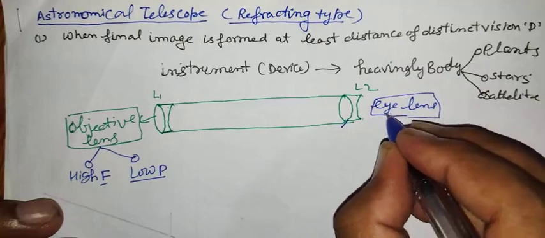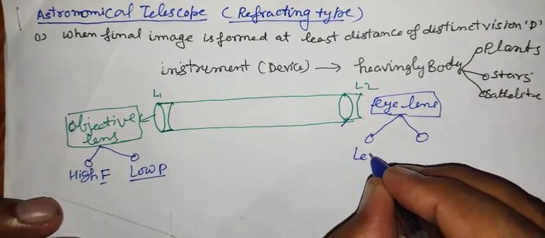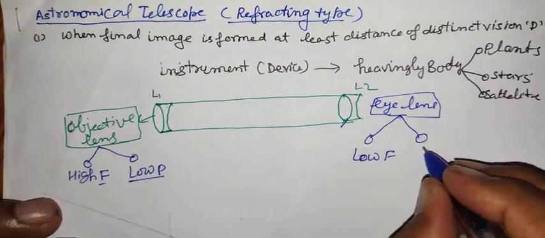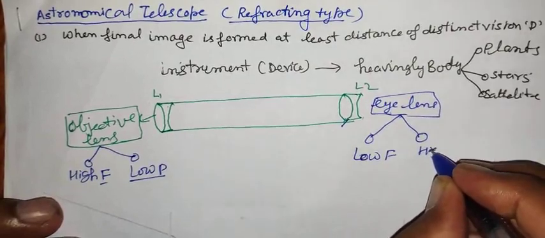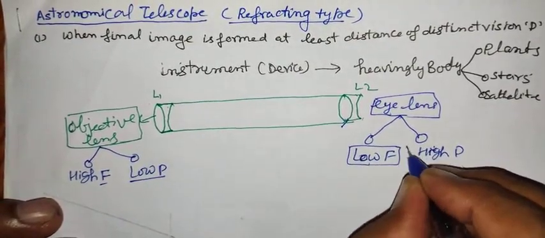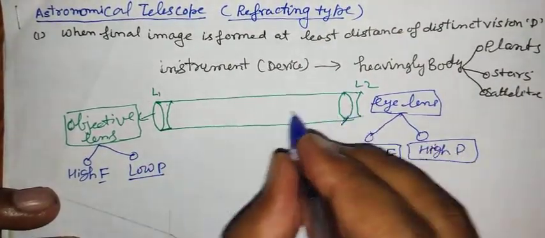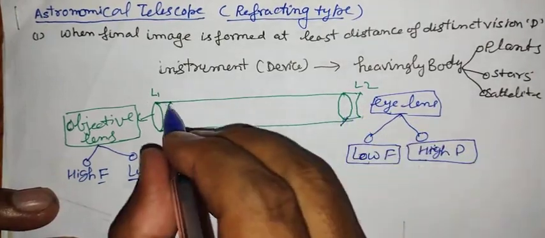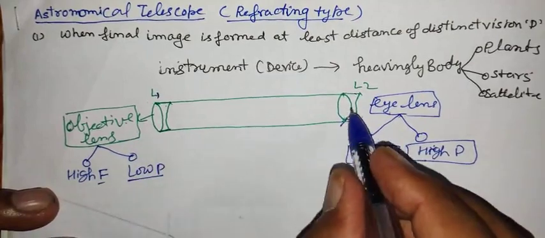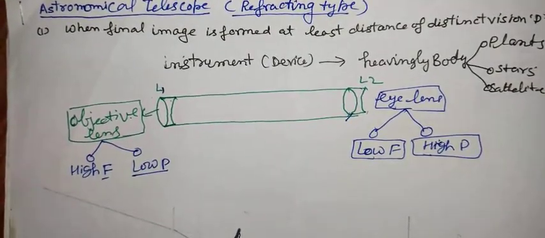This eye lens has the opposite property: low focal length, which means high optical power. It is just opposite to the microscope. The distance between the objective lens and eye lens can be changed in the tube to see the object.